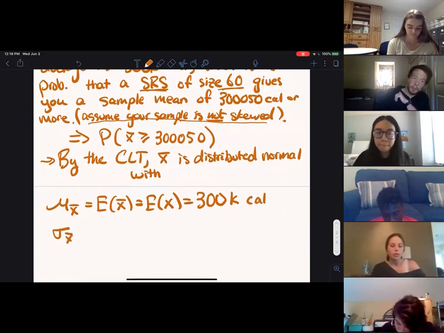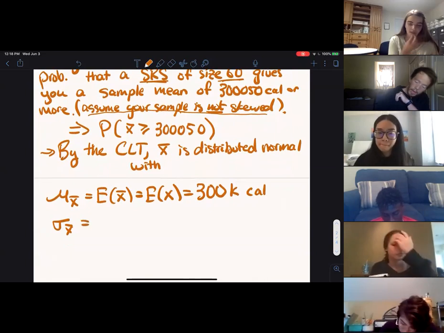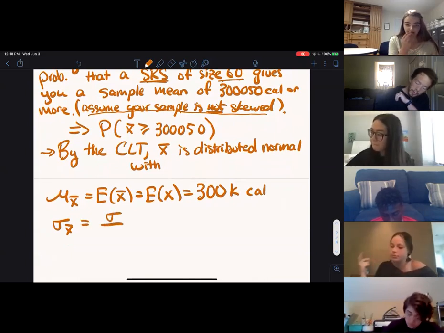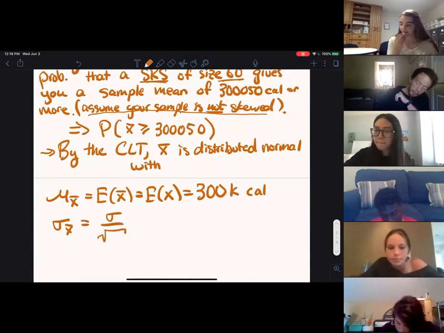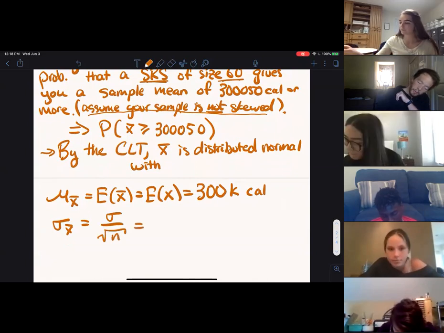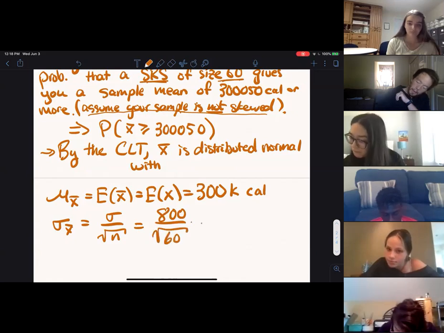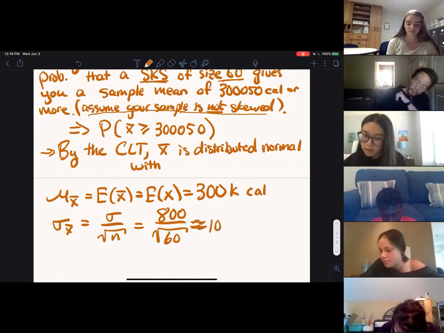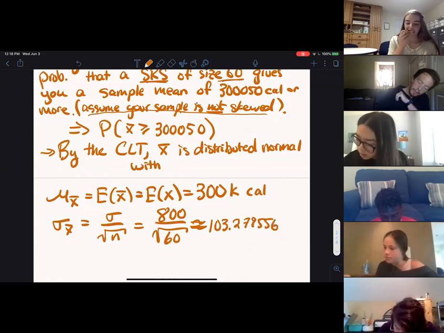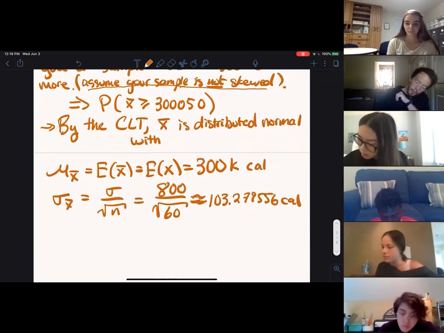It's a normal distribution, so it has a center and spread. This is just the standard deviation of the full population, which in this case is 800, divided by the square root of my sample size, which was 60. I went ahead and calculated this. It was approximately 103.2795556 calories.